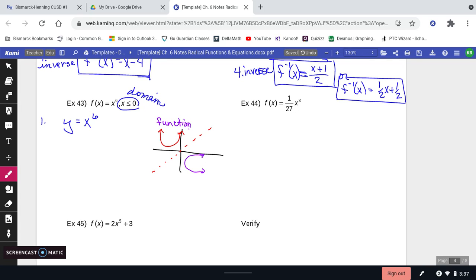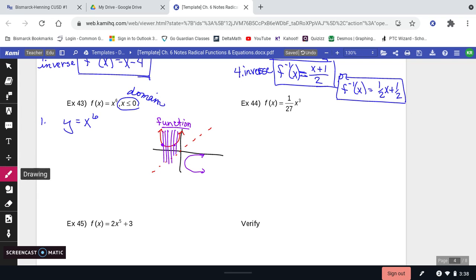By definition, for every x, there's exactly one y. Or another way to think about it is if you do the vertical line test. If you draw vertical lines through this parabola, you can tell that each line is only going to intersect that parabola at one point. So that function passes the vertical line test, and so that is a function.